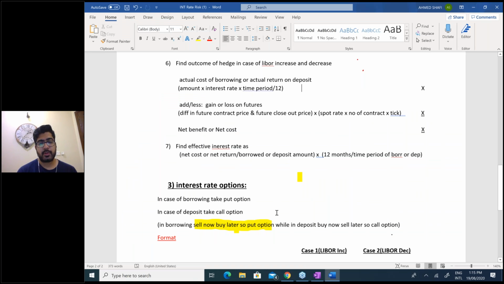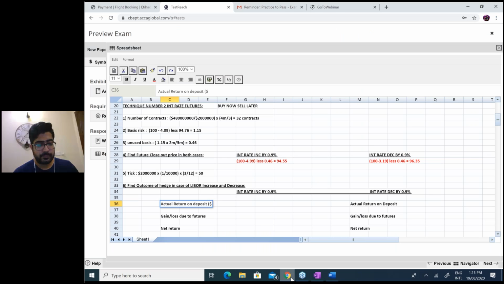Amount into interest rate into time period over 12. So what is the amount? 48 million. Interest rate: at what rate are you depositing? 4.09% is the current interbank rate. You are doing the case where it increases by 0.9, becomes 4.99, but you can deposit at 20 basis points, 0.2% less.